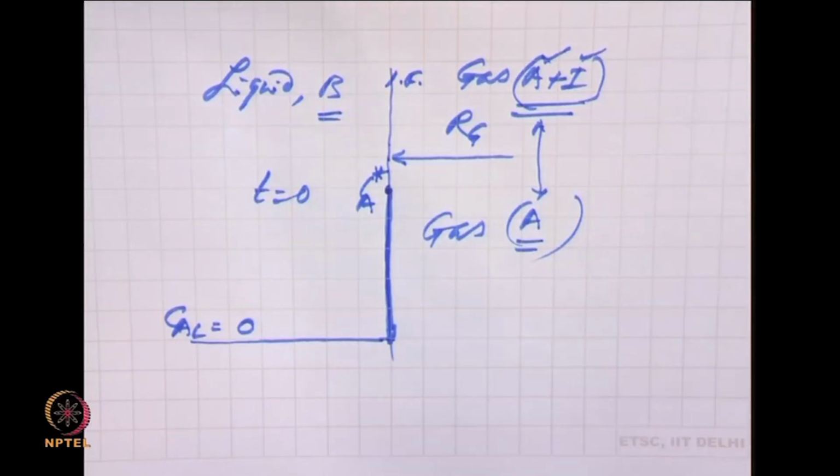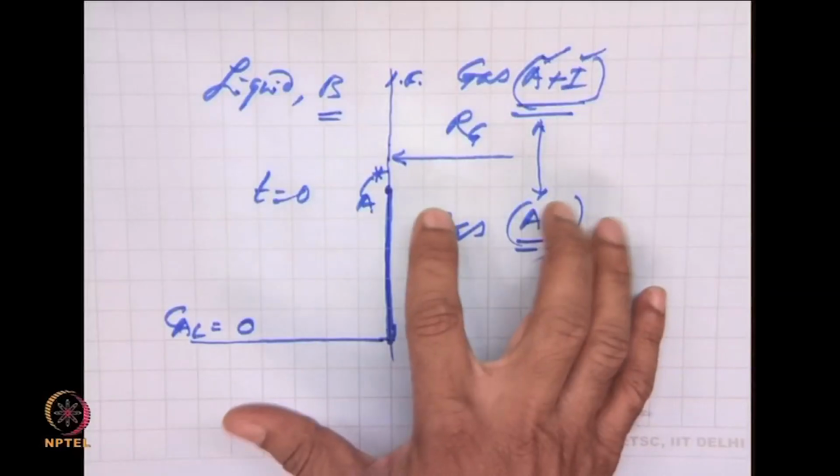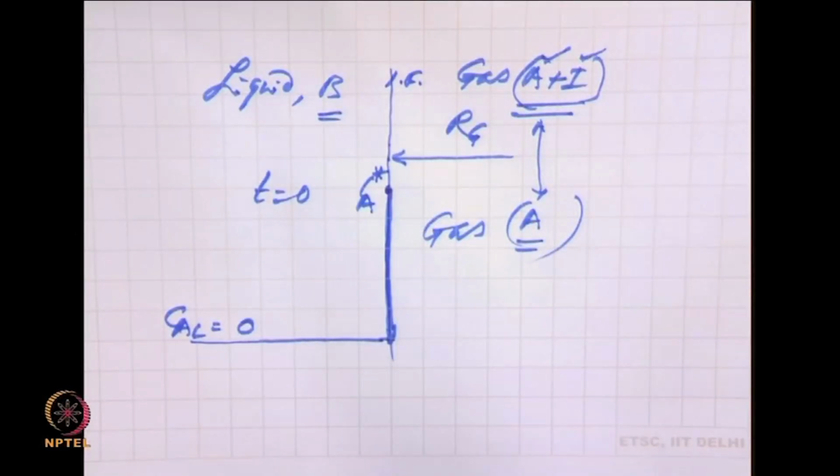It is the capacity of the liquid, on account of that infinite gradient, to carry the A. The question is, can you, even for as small a time as let us say a 100th of a picosecond, have a capacity of infinity met in practice? If you had infinite flux for even a very small time, you would be able to transport an infinite amount of A from gas into the liquid.